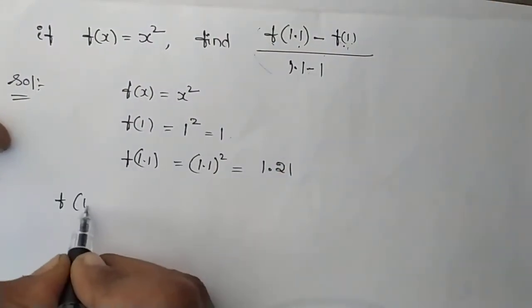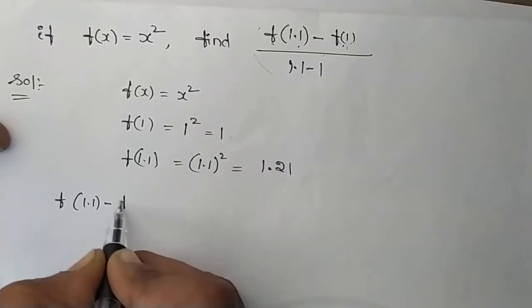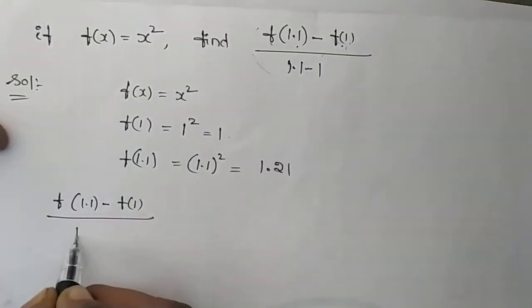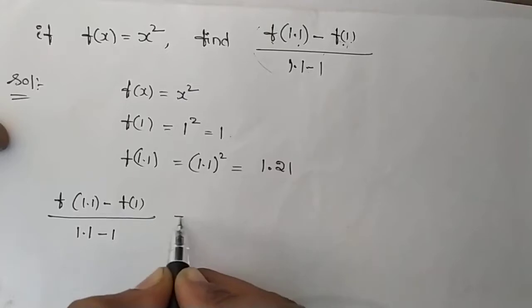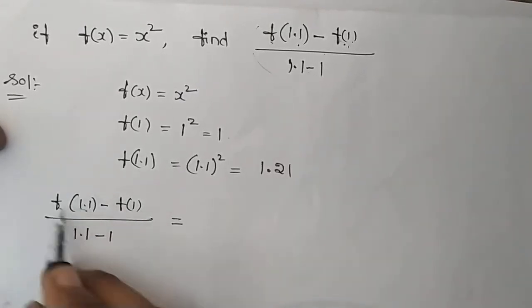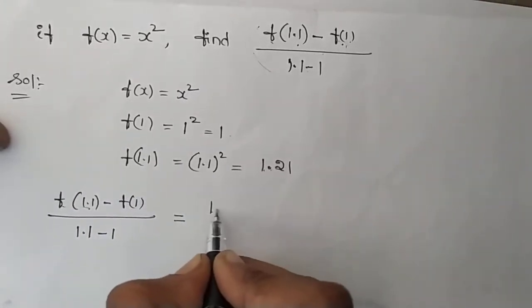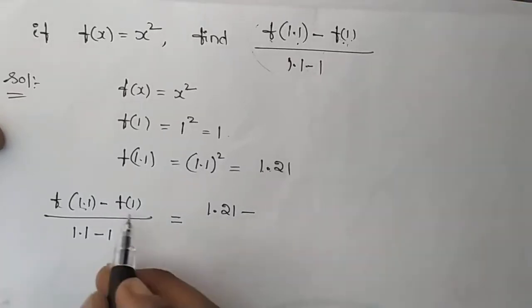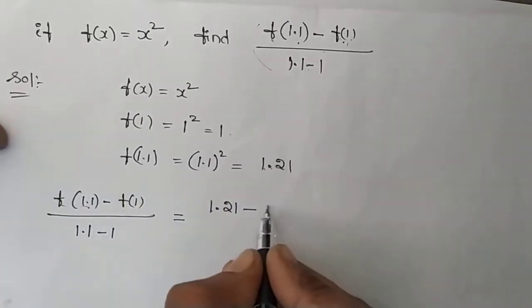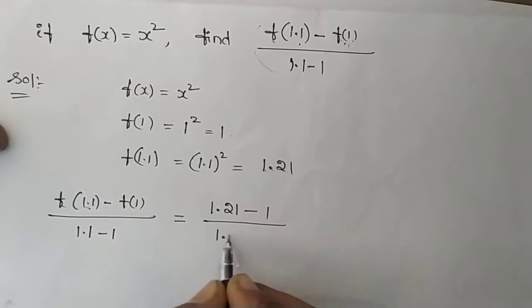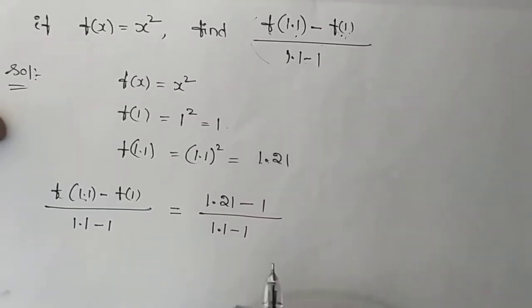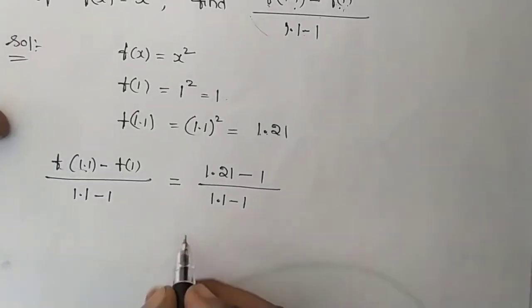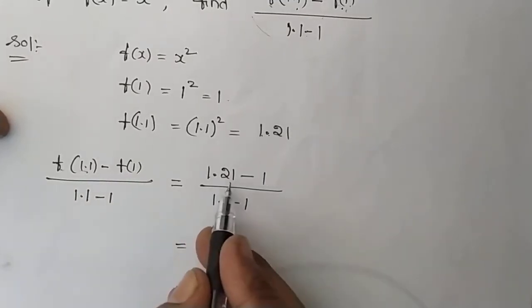f of 1.1 minus f of 1 divided by 1.1 minus 1 equals f of 1.1, that value is 1.21, minus f of 1, that value is 1, divided by 1.1 minus 1. That equals 1.21 minus 1.